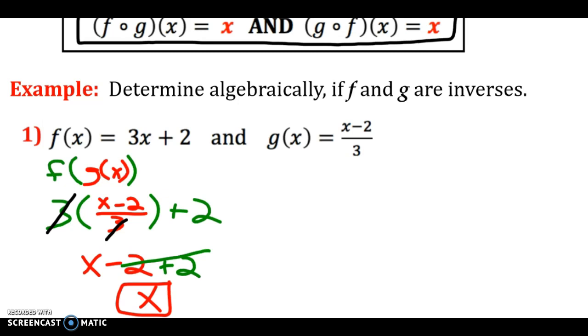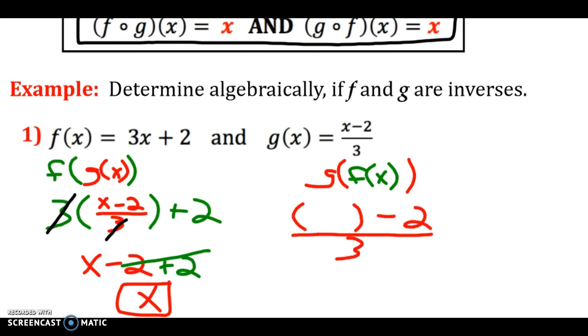Let's try going the opposite way. Let's do g of f of x. Well, the g function states I'm going to take something, take away 2, and divide that whole mess by 3. The something that I'm putting in there is going to be, oops, I did the wrong function, silly me. It's going to be the f function, which is 3x plus 2. I have the parentheses there just so I know what I'm plugging into.